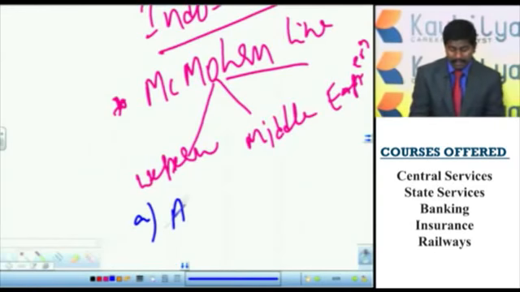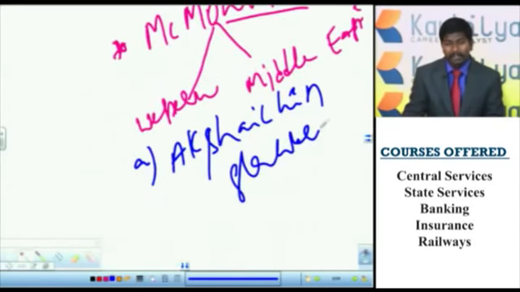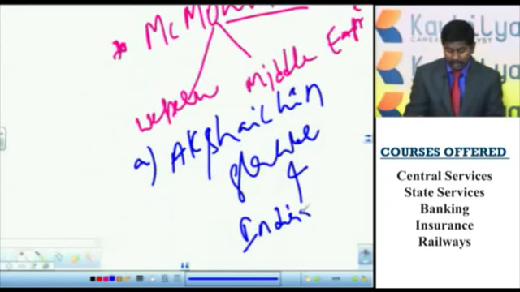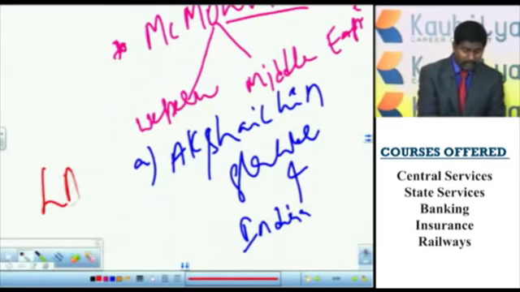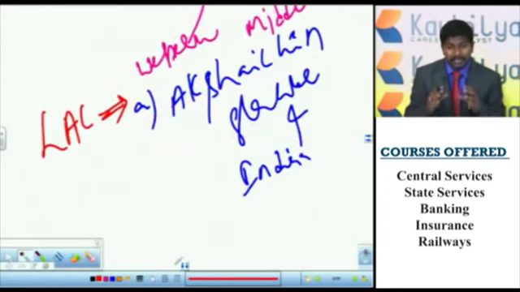So apart from the McMahon line, today the new boundary between India and China is the disputed area of the Aksai-Chin Glacier, which is under the occupation of China, and India, as LAC. LAC is the border between the Aksai-Chin Glacier and India, and the Aksai-Chin Glacier is illegally or forcibly occupied by the Chinese troops.